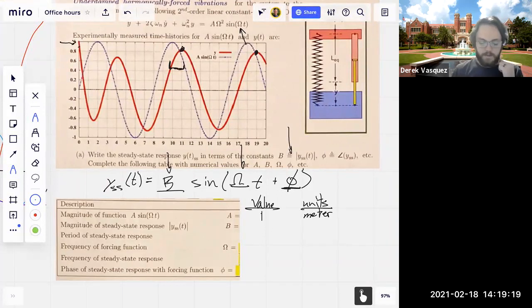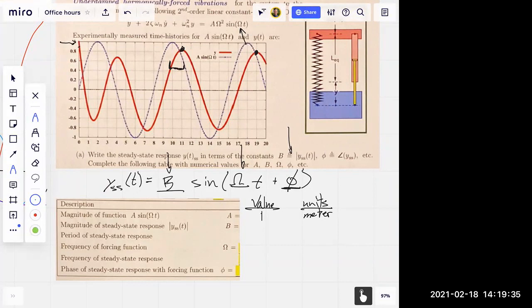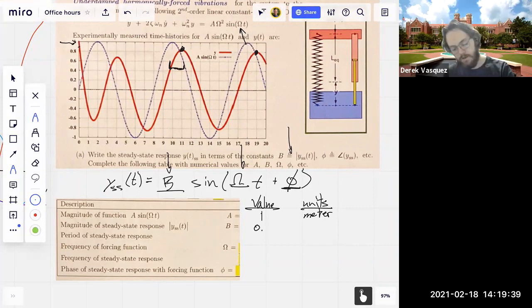Okay. The magnitude of the steady state response B. So what's that one going to be? Is that 1.8? Mm-hmm. That's right. So that one is 0.8, and you can just see on this plot here.